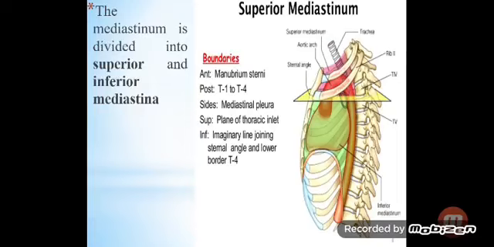Anterior mediastinum extends anteriorly between the pericardium and the sternum. The posterior mediastinum lies posterior to the pericardium. It extends between the pericardium and the vertebral column.